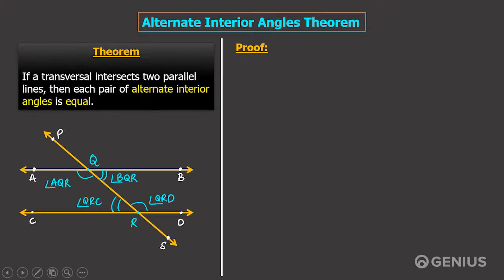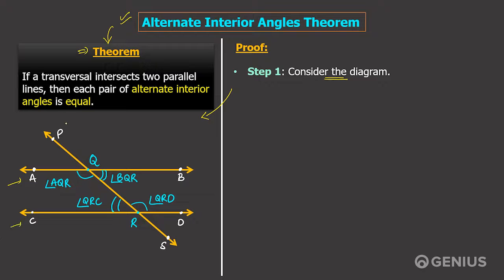ठीक है. Let us now prove this theorem. ठीक है, तो इसको हम prove करेंगे in steps. तो this over here is the statement of the theorem. Okay, चलिए. तो step 1. Consider this diagram where AB is parallel to CD and PS is the transversal. तो from the corresponding pair axiom, CPA in short, हम कह सकते हैं that angle PQA which is यहाँ पे over here is equal to angle QRC which is this angle.